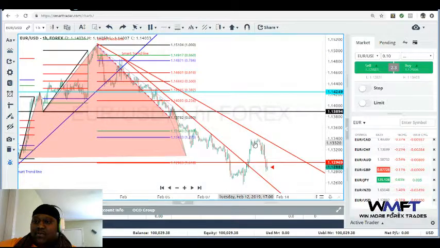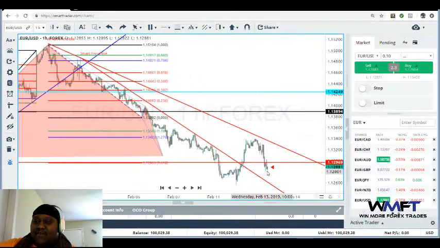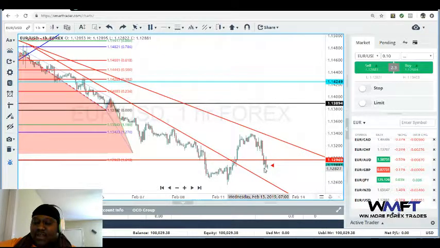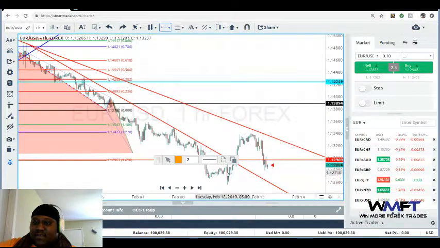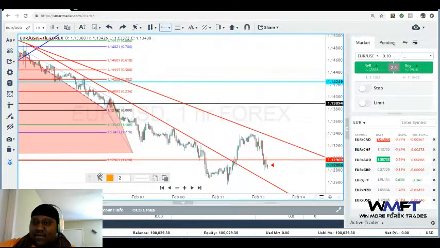We have a low and we have a high, and if the market wants to reverse now, we have a lower high, which right here is past resistance becoming future support.